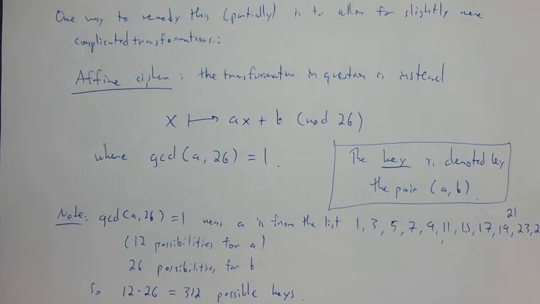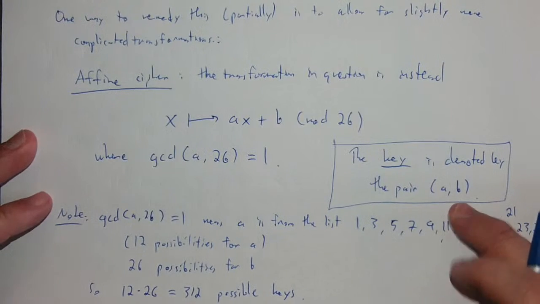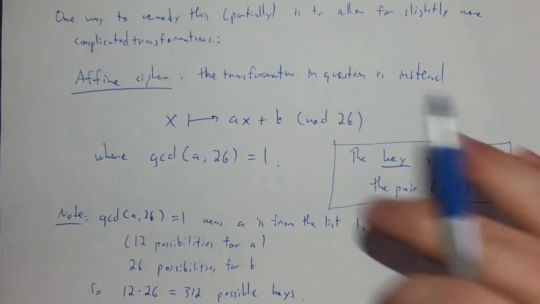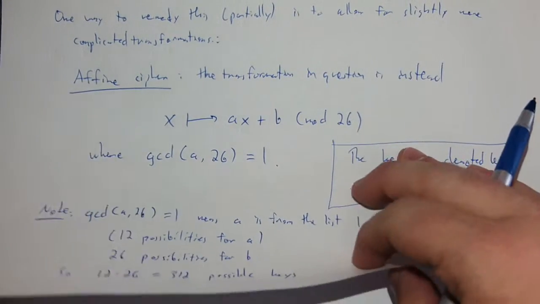So let's take Sparky and encrypt using an affine cipher with some key. We'll say 3-5.